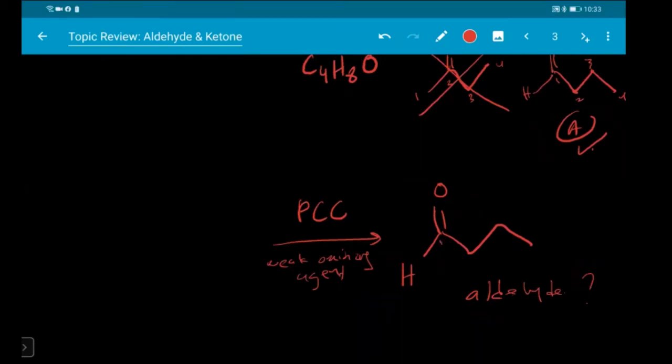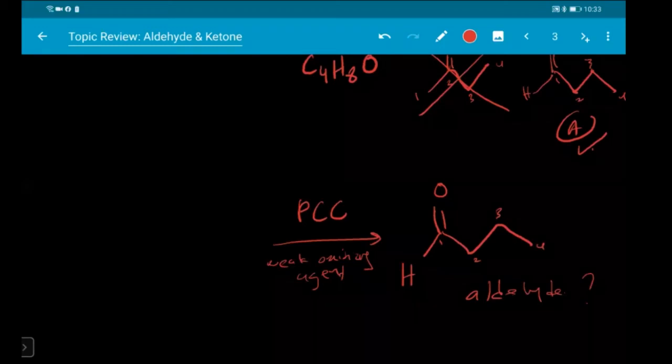Based on the structure, where is the possible position for the OH? Is it number 1, number 2, number 3, or number 4? First carbon. Okay guys, so you just draw back the structure.